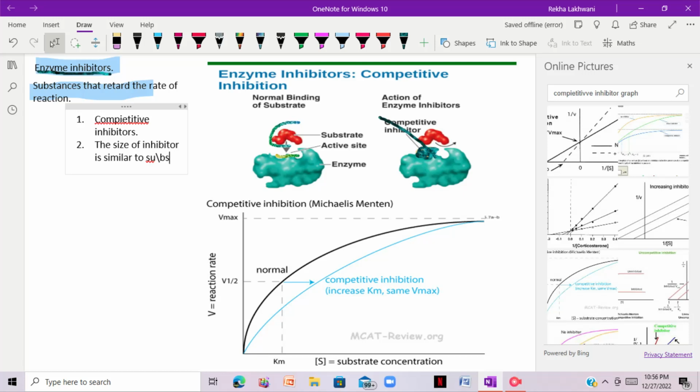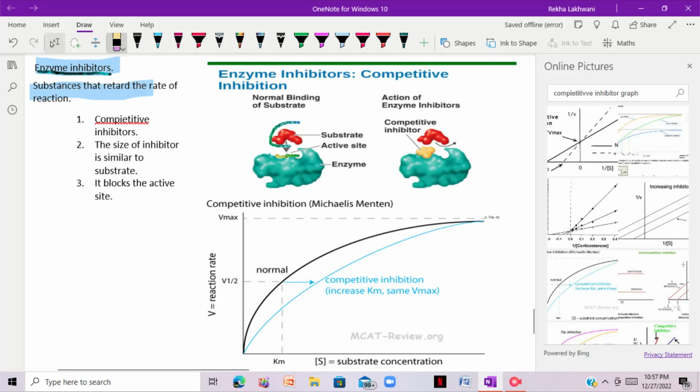It attaches with the active site and it blocks the active site, right? As you can see over here, it has attached with the active site, so it's unable for the substrate to attach with it. So that's why they are known as competitive inhibitors. They actually block the active site.